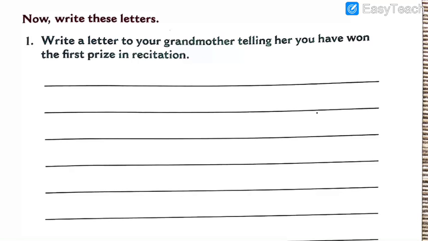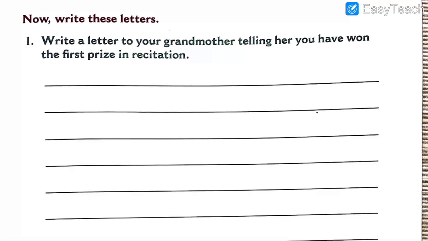Second thing, you must be having the doubt that, sir, my grandmother or grandpa, they are living with us. Do we have to write the letter to the person who is staying with us? No, you can directly pass your message to them.